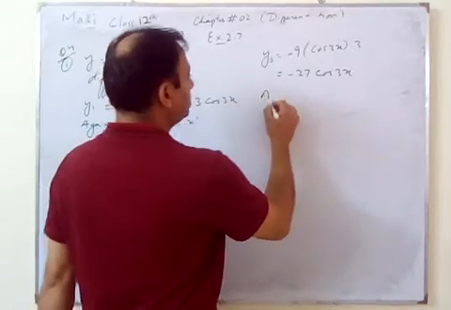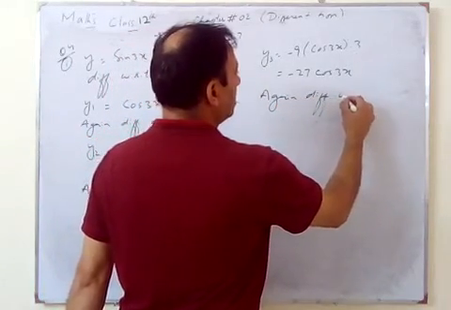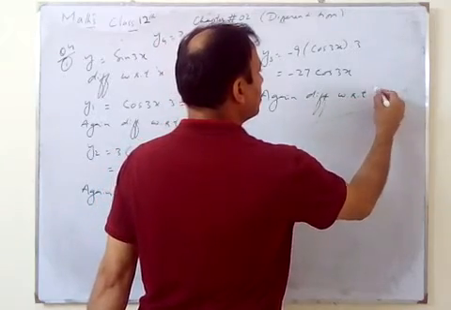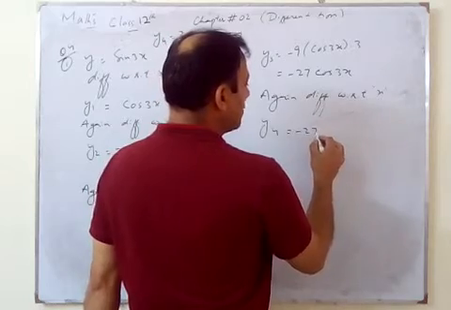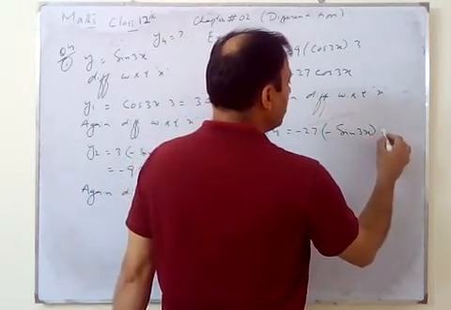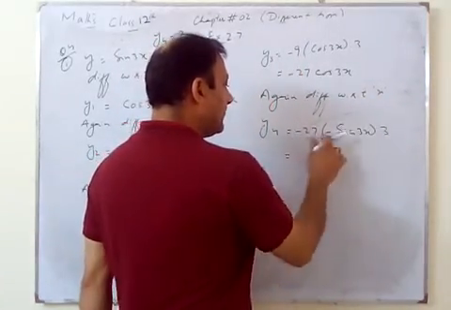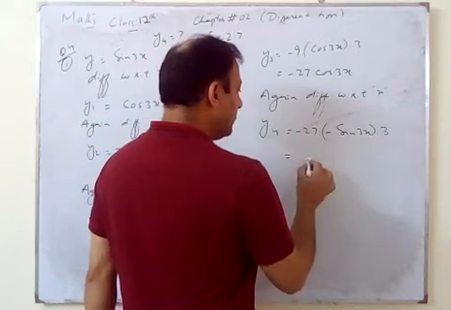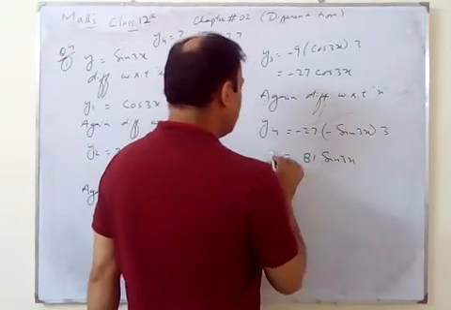Again differentiate with respect to x. y4 is equal to minus 27 into minus sine 3x into 3. So that is minus minus plus, 27 into 3, 81 sine 3x.